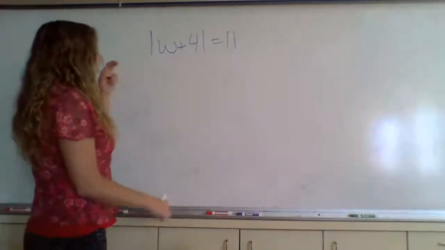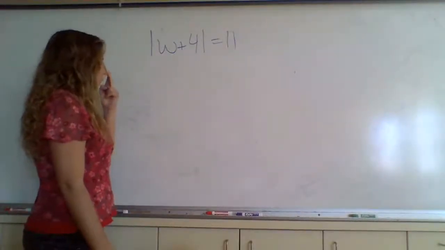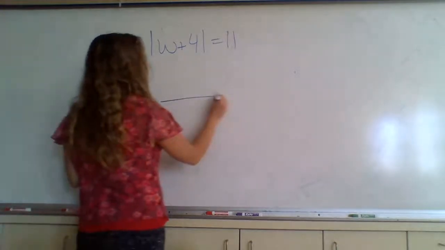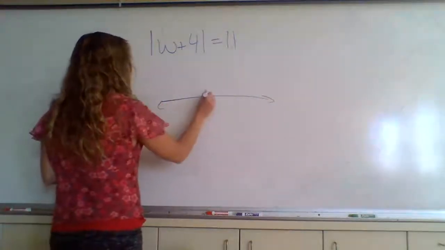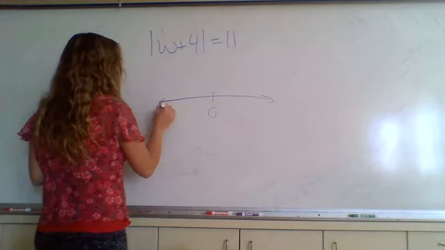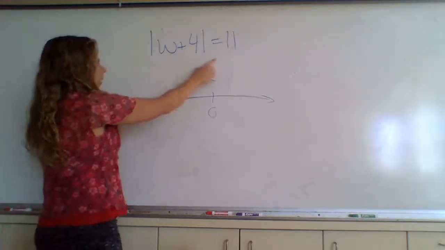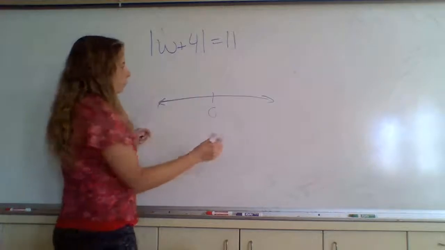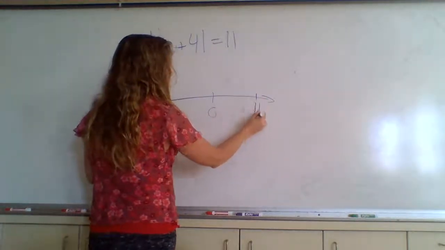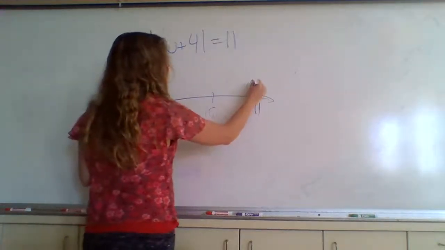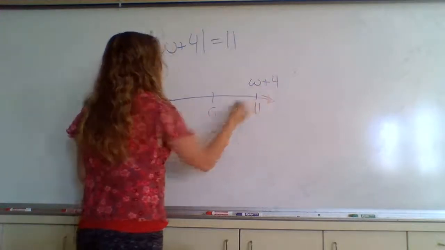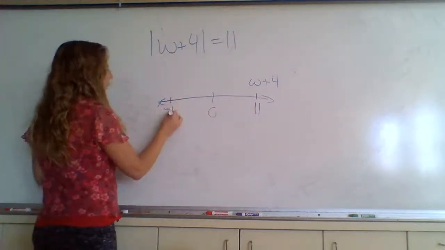Remember, absolute value means the distance from 0. So if I drew a number line, here's my 0. And so whatever this is, it's 11 spots away from 0. So this is 11 away from 0, and this is also 11 away from 0.